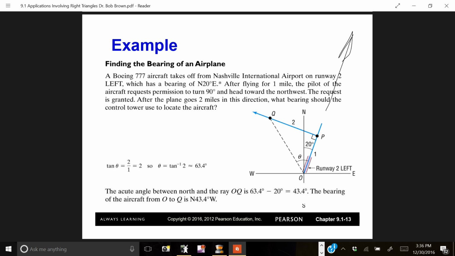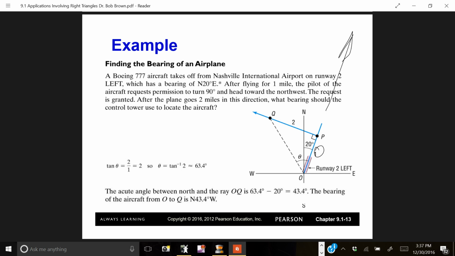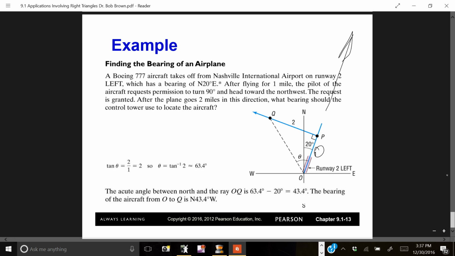And after flying for 1 mile, it requests permission to turn 90 degrees and head towards the northwest. The request is granted, and after the plane goes 2 miles in this new direction, what bearing should the control tower use to locate the aircraft?